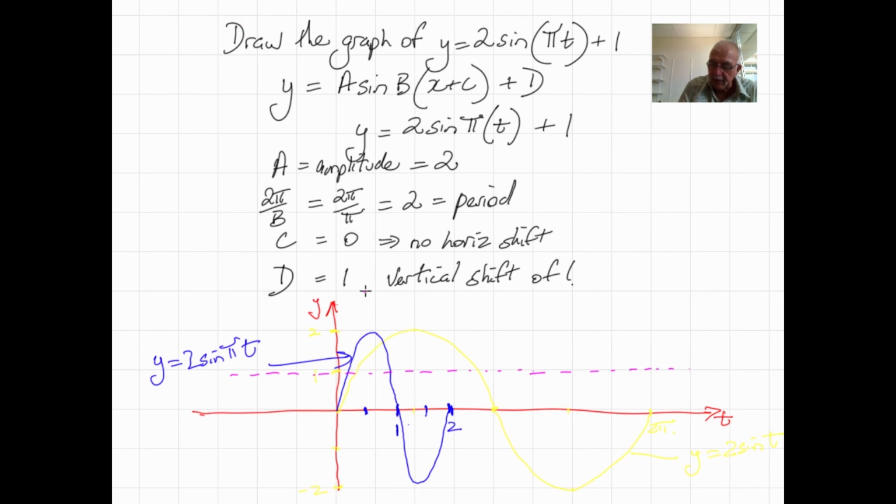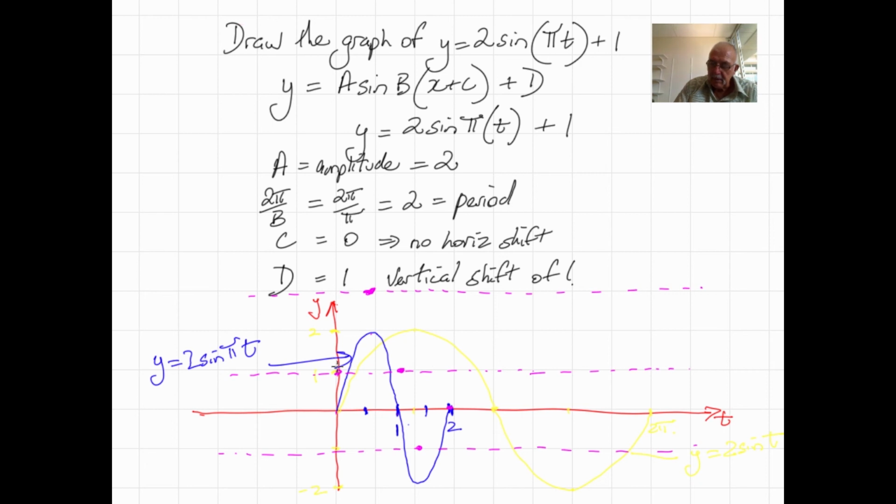So it's going to go up to there, and it's going to go 2 units below that. So what I've got to do is to move this graph up. So it starts, instead of starting down there, it's now going to start up there. This point will go up to there. This point will go up to there. This point will go up to there and back. And it'll go through 2.